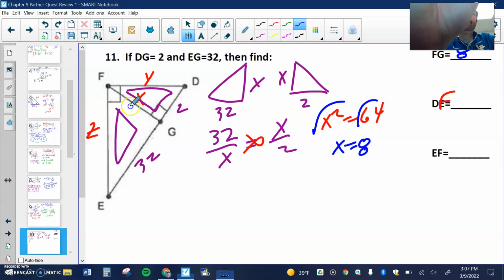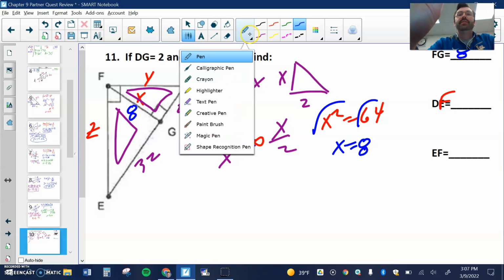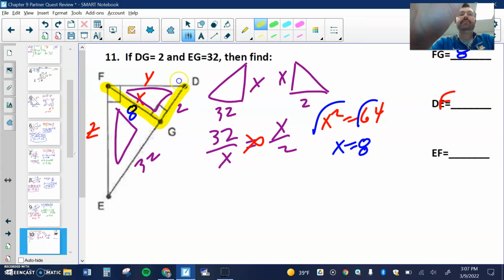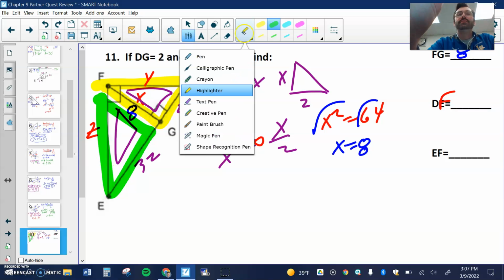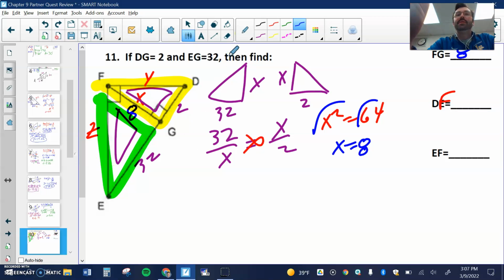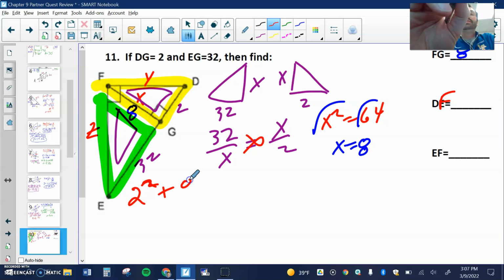All right, so now I can use that to help me find the other two sides. So if I look here, here's a right triangle, and there's a right triangle. When we look at that yellow right triangle, the y is my hypotenuse. Here's my right angle. There's my hypotenuse, so it's going to be 2 squared plus 8 squared equals y squared. 2 squared is 4, 8 squared is 64.